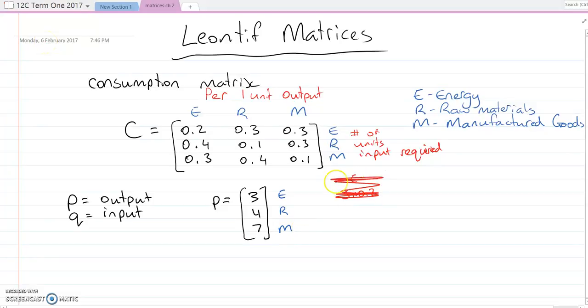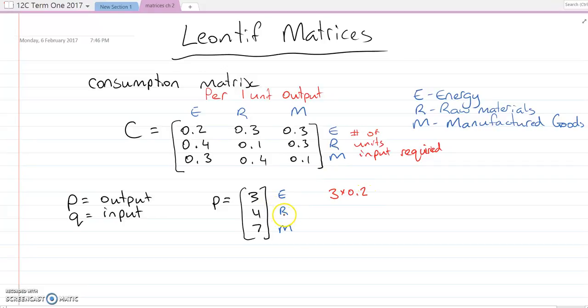Okay, so if I want to look at how much energy is required, just look at energy for the moment, to produce this output. For each unit of energy output, we've got 3 units of energy being output. For each of those units, we need 0.2 units input of energy.